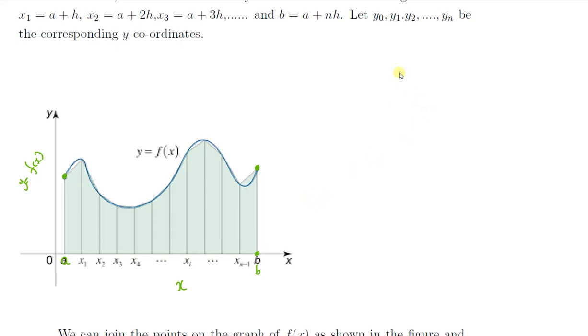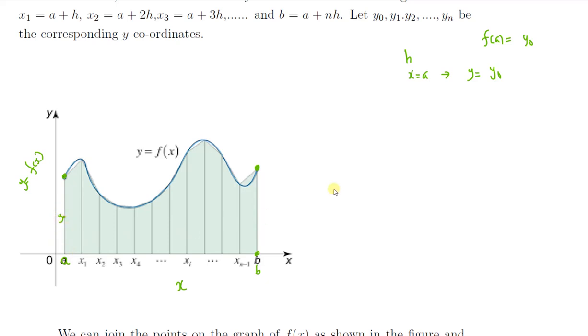So let us take a small value, say h. First of all, the initial value: when x is equal to a, say y is equal to y0, where y is equal to f of x. You substitute x is equal to a in the function f of x, so f of a is equal to y0. That means at x is equal to a, this height is y0.